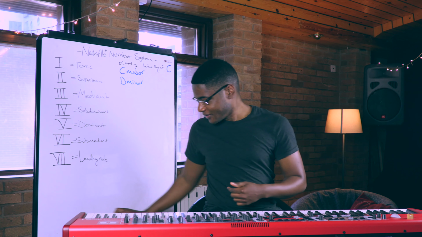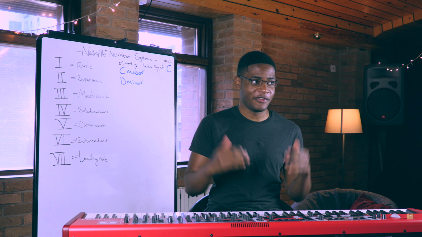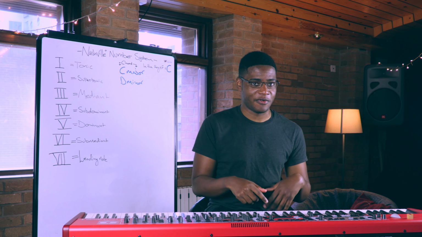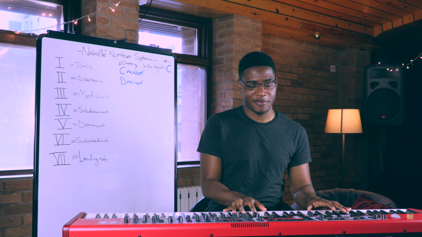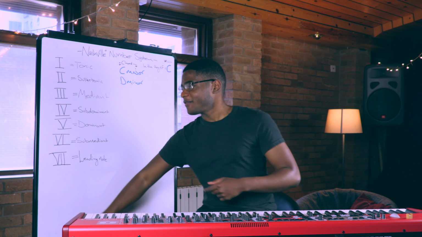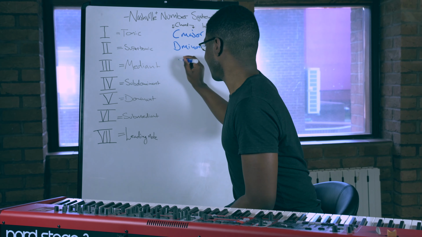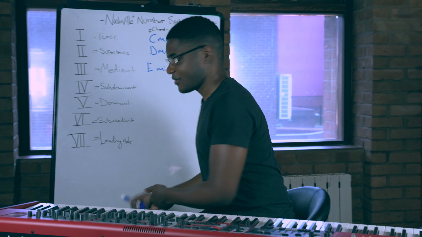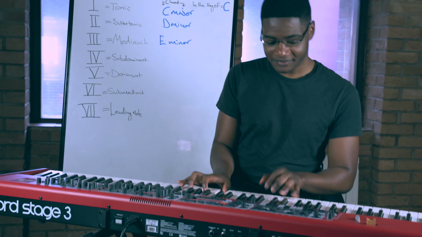That's also called the supertonic, because super means above, so the one above the tonic is the supertonic. Really easy. Next one along is E minor. You're starting to get the hang of it, I'm sure. And we call that the mediant.